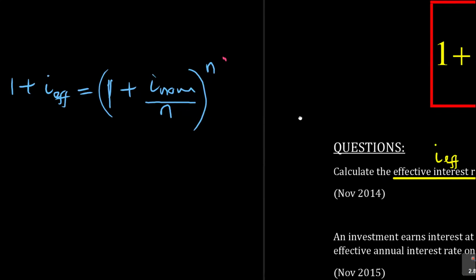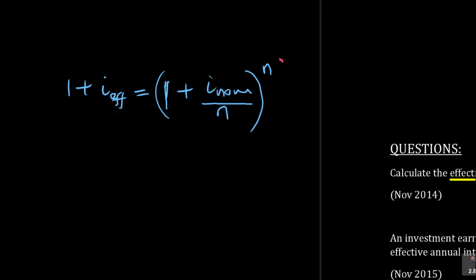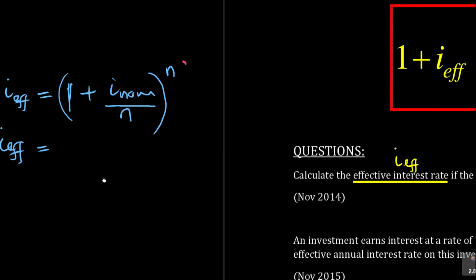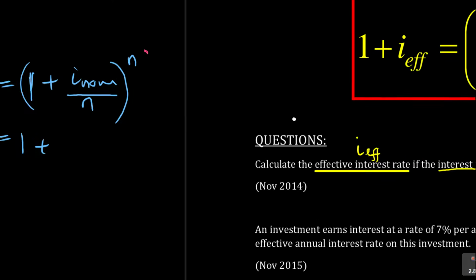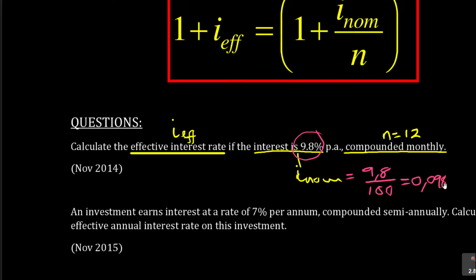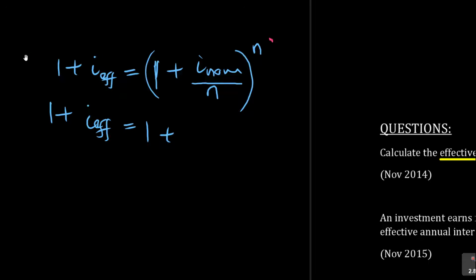So when you continue, you input the values: 1 plus IEF, which is what we are looking for because we are calculating the effective interest rate. That's what we don't know. It is equal to 1 plus I norm. We now know our I norm, which we wrote as 0.098.